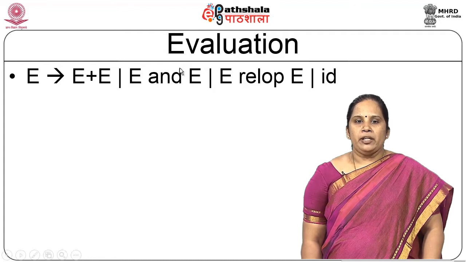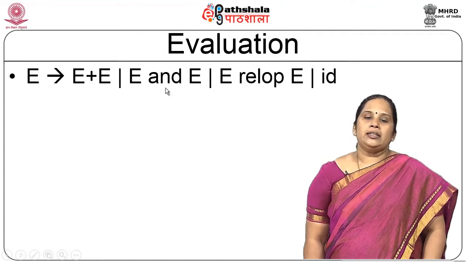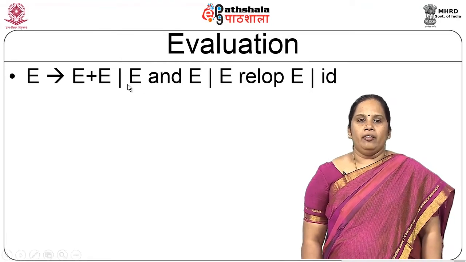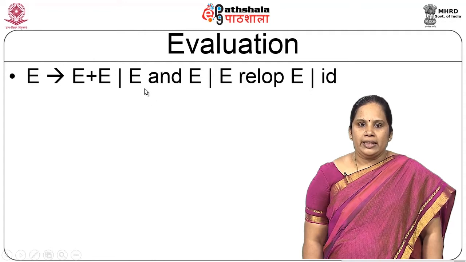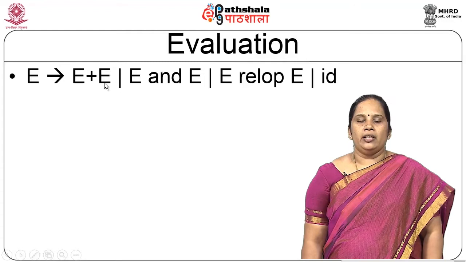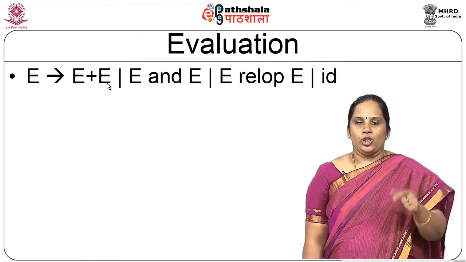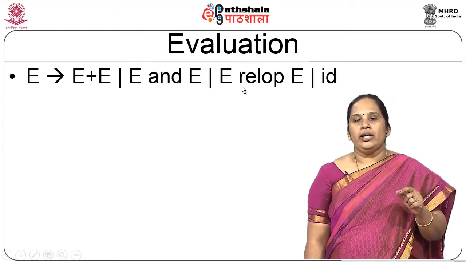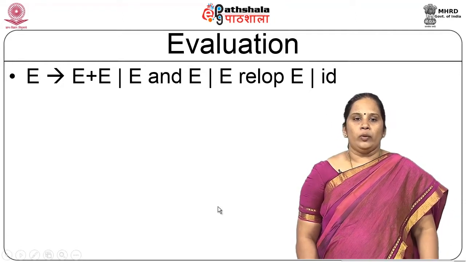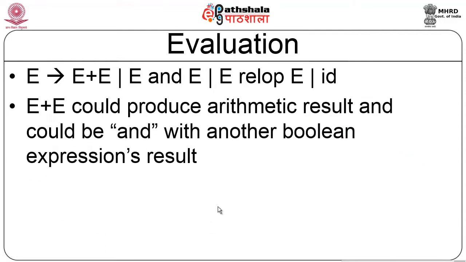Here the AND expression is going to be a Boolean expression, and I can also replace this E with E plus E. One of the E's in the arithmetic expression could actually be an E relop E, that is an ID relop ID situation also. In that case, how do we generate 3 address code is what we are going to look at in this module. Here E plus E could produce an arithmetic result, and that could be ANDed with another Boolean expression's result. That is also possible.